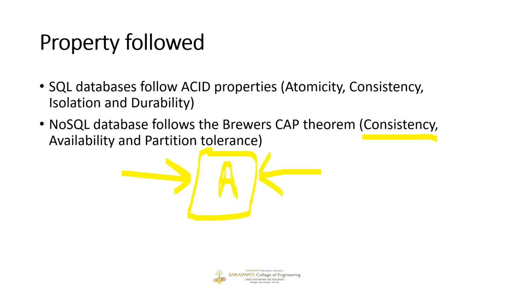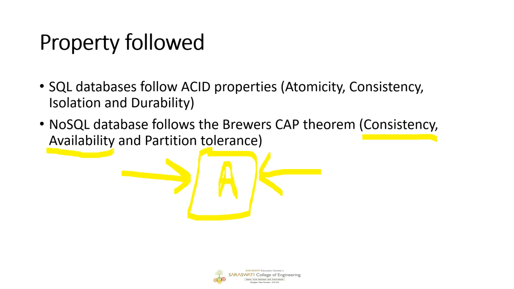After the transaction has completed, then only you can get a consistent, correct value. If the transaction is going on and you try to view the value in between, there is a high possibility that you will get a wrong value. So consistency means that the value should be correct after the transaction.